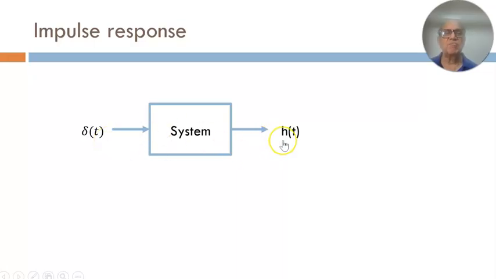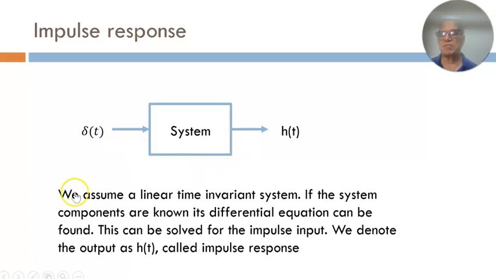So this is called the impulse response because it is the output when the input is a unit impulse. All right. So whatever I have been saying is summarized here. We assume a linear time invariant system. If the system components are known, its differential equation can be found. And this can be solved for the impulse input. We denote the output as h(t), called the impulse response.